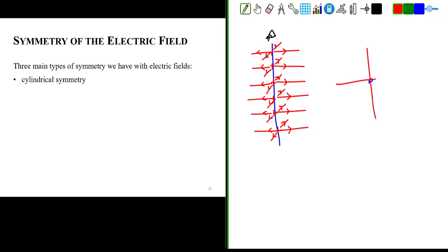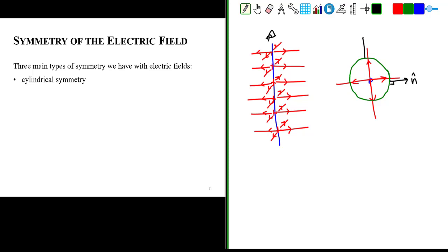And your electric field lines are going to be radially away from that dot. Now, here's what we mean by cylindrical symmetry. If you create a cylinder centered on the line of charge, the electric field everywhere on that cylinder will be normal to the surface of that cylinder at that point.